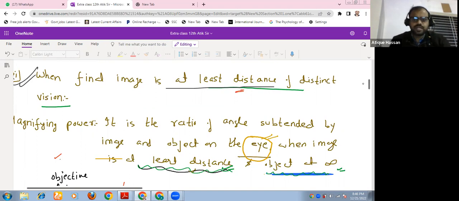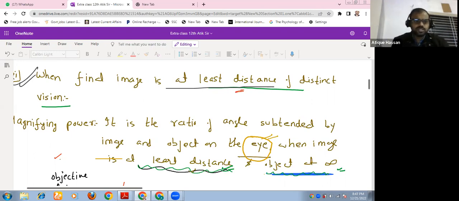So before that, we will use the magnifying power. We want to calculate the magnifying power of a telescope. So what will be the definition? You see, there will be two definitions. In case of least distance of distinct vision, there will be one definition of magnifying power, and there will be a slight change in case of normal vision or final image is at infinity.